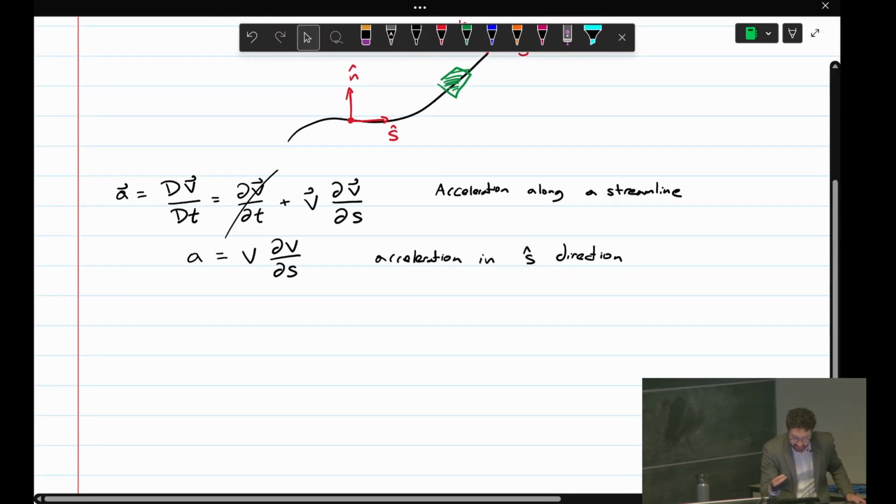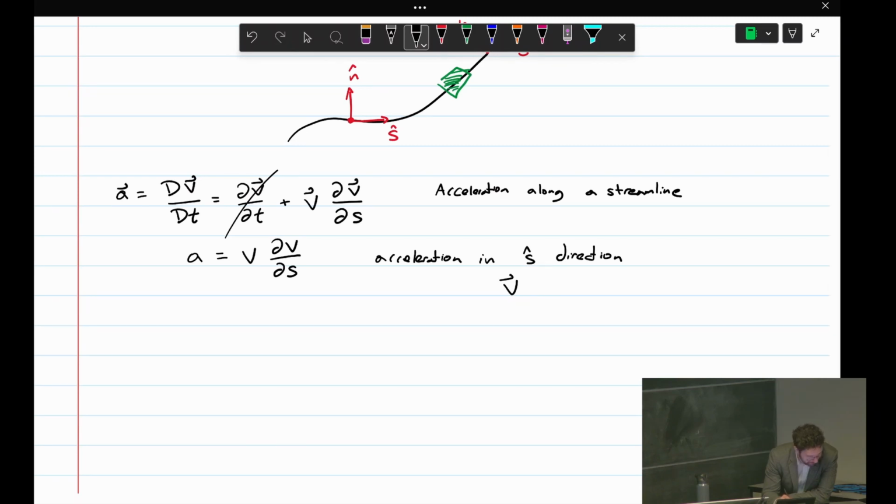That's because of the definition of a streamline. Our velocity v, depending on the coordinate system, we can say it's vx i hat plus vy j hat. In our coordinate system here, our velocity is 0 n hat plus some velocity v s hat.